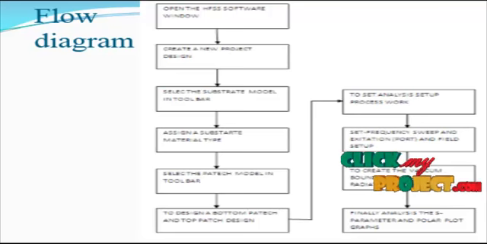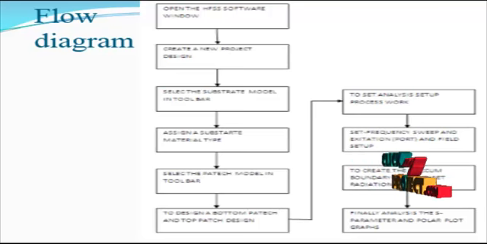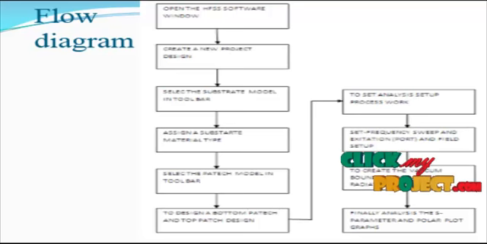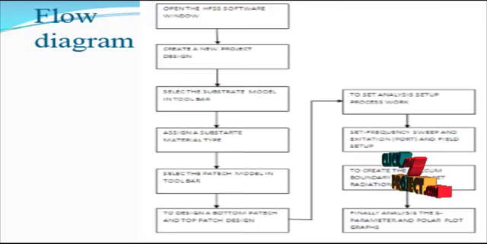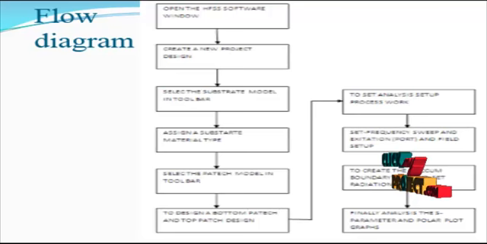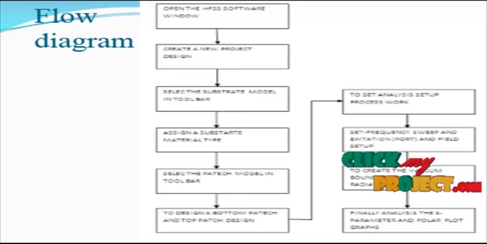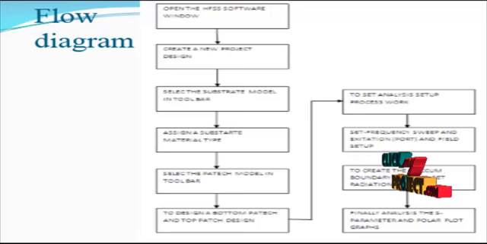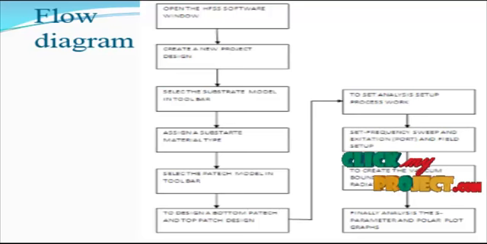Then we select and create the patterns and shapes for our substrate model, for example circular, rectangular, square or triangular, used in any of the HFSS modeling designs. Then we choose which substrate model to implement, for example Rogers 5880 or 5005, and assign the substrate material type.